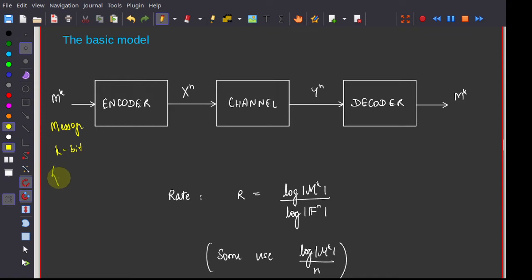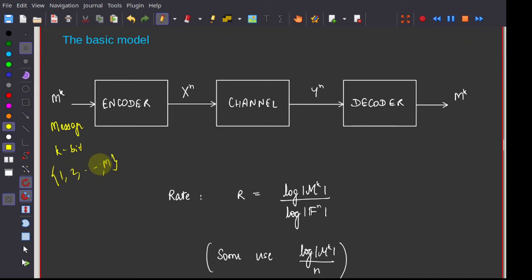I could say that the message could be a k-bit message, so it means that there are 2 to the k possible different messages. Or sometimes I will just say that the message comes from some set of size m. So it's one of m different messages.